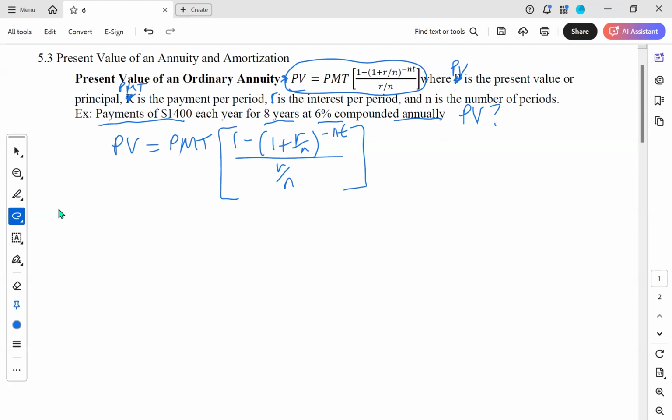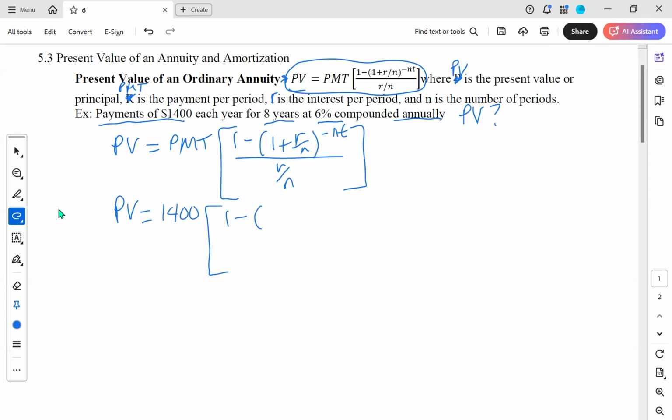Okay, and so this is actually a modification of our formula that we had a few minutes ago for future value of ordinary annuity. Just a couple of things are a little bit different. Okay, so plugging our information in, we're trying to find our present value. We've got payments of $1,400.